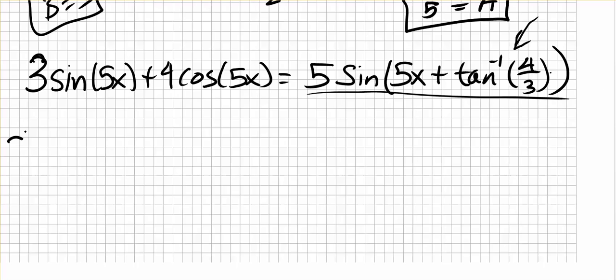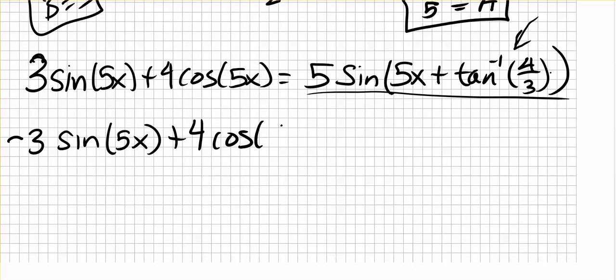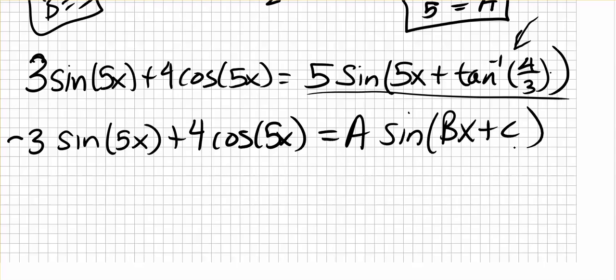What if we had negative 3 sine of 5x plus 4 cosine of 5x, and we wanted to write it as a sine of bx plus c.